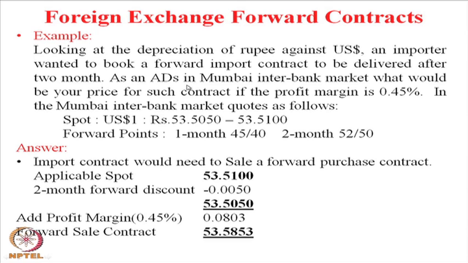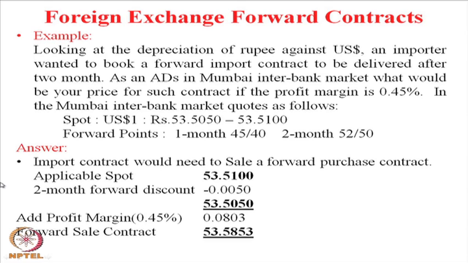As an authorized dealer in the Mumbai interbank market, what would be your price for such a contract if the profit margin is 4.5 percentage? In the Mumbai interbank market, dollar is quoting as spot rate 53.5050, 53.5100, forward points 1 month 45.50, second month 52.50.